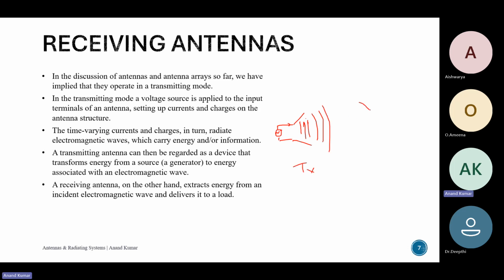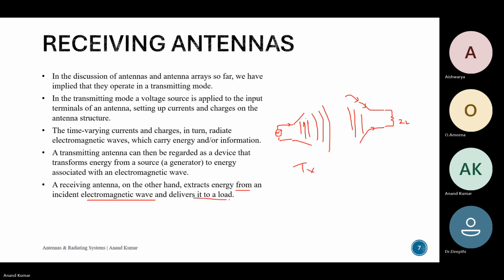Now the receiving antenna, on the other hand, receives these electromagnetic waves, because these electromagnetic waves induce currents and voltages on this antenna, and whatever voltage is received is then transmitted to a load. Some load is attached to this antenna. So the receiving antenna extracts energy from the incident electromagnetic wave and delivers it to the load.